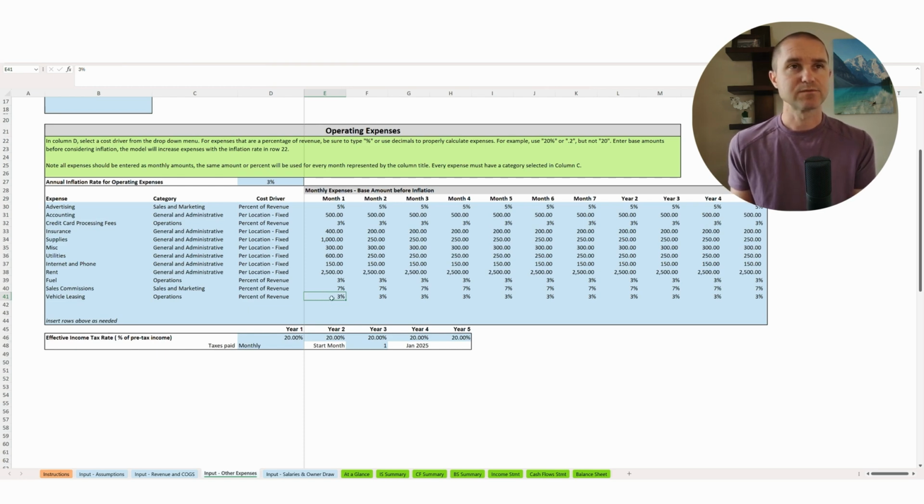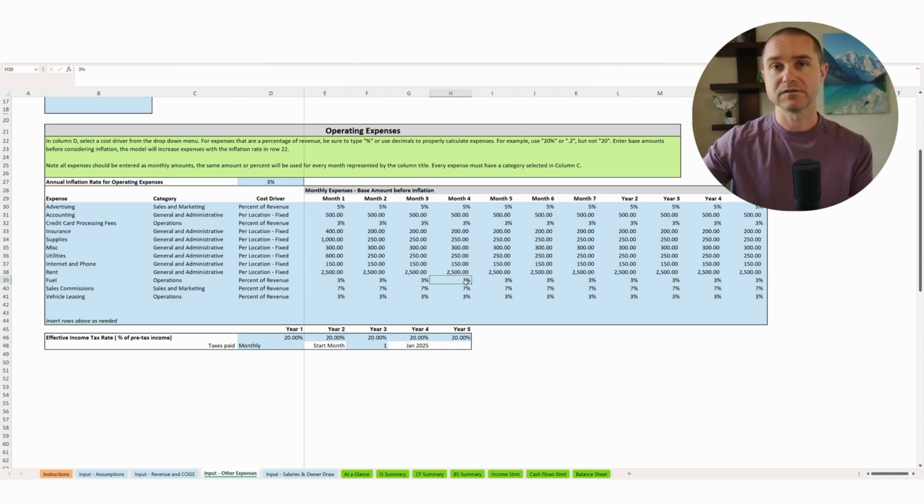The reason this percentage of revenue works nicely is because as you add new techs, your revenue goes up, but so does your need to lease new vehicles, and so does your fuel cost. So if you do these expenses as a percentage of revenue, that's going to automatically scale with you. So that will work really nicely.